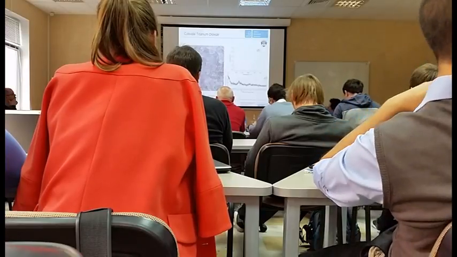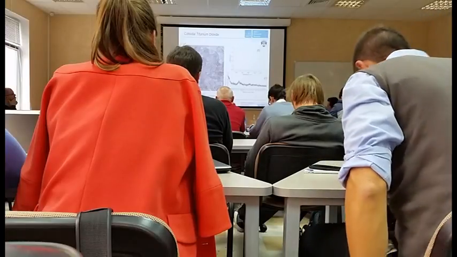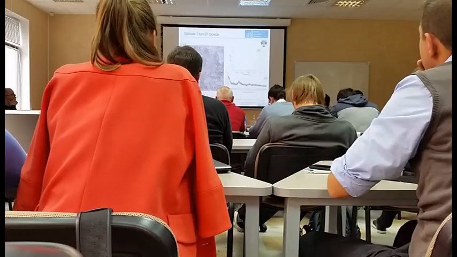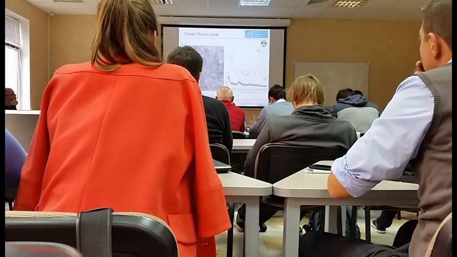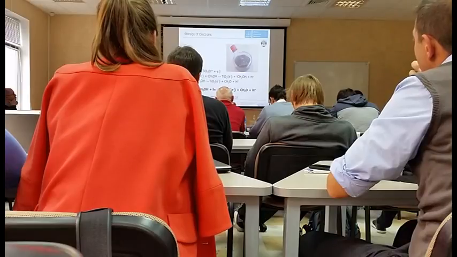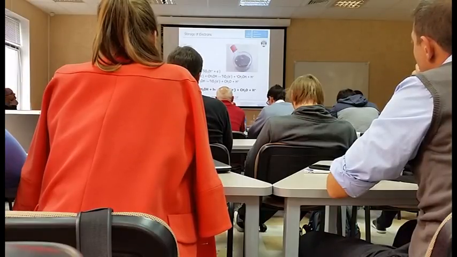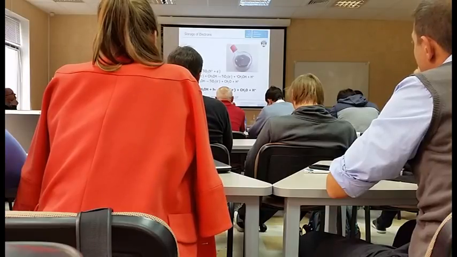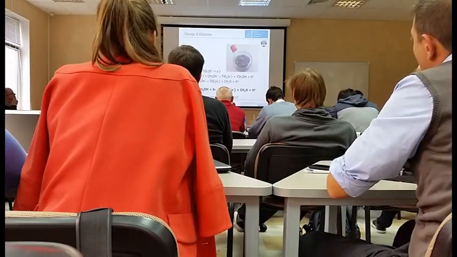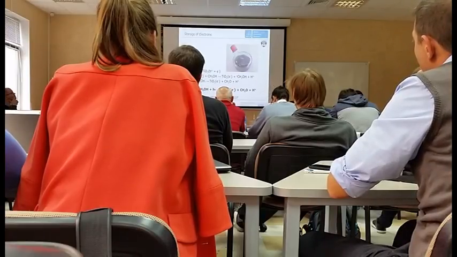If you just react titanium tetrachloride with water, you form anatase at ambient temperature, and you can make these particles blue. And what does blue mean? You load them up with electrons, and it's extremely simple. It's something you can do with, I think, first grade students in the laboratory.